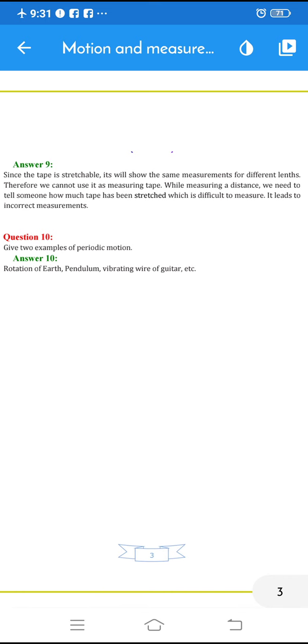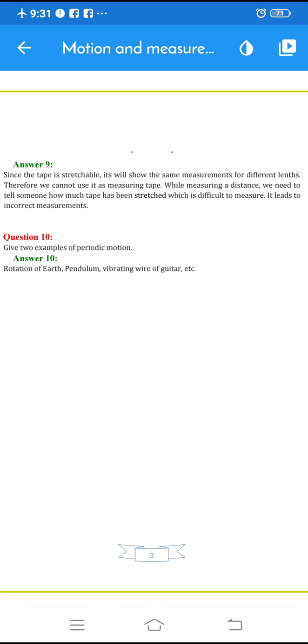It's quite simple here. You know that elastic is nothing but flexible. Since the tape is flexible or stretchable, it will show the same measurements for different lengths. Therefore we cannot use it as a measuring tape.